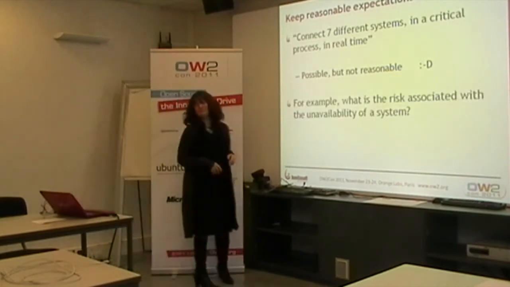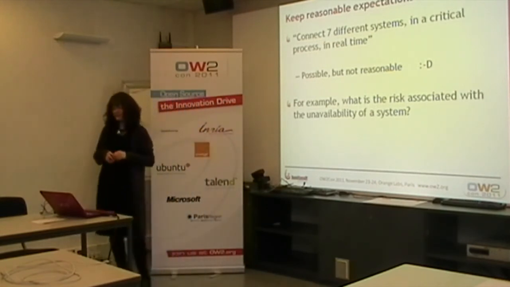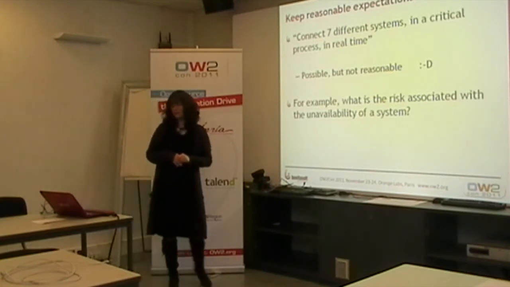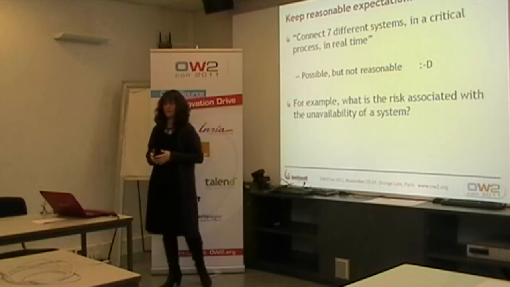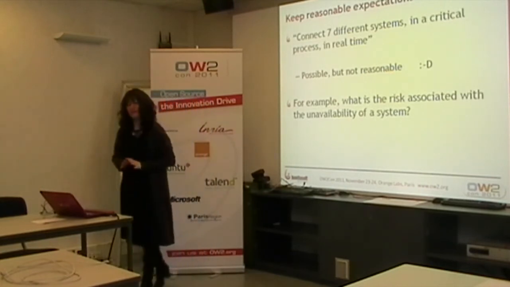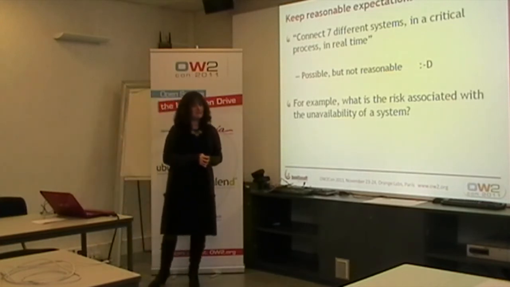When you translate business needs, sometimes it goes, I'd like to connect 7 different systems in a critical process in real time and start exposing 2,000 web services at the same time. Yes, Mr. Customer, why not? It will be a great 10 years endeavor, but it's not reasonable.